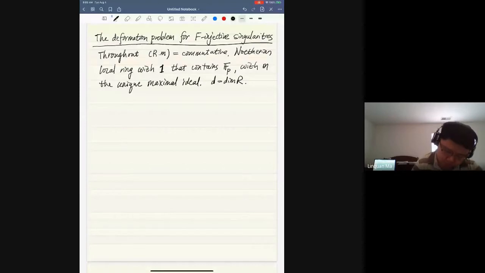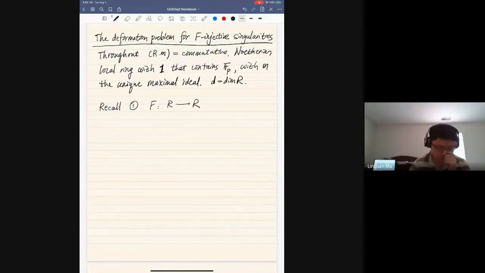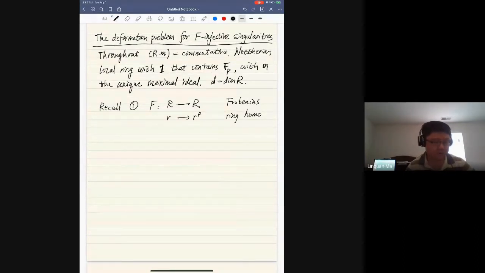Under this setup, we have the Frobenius map, sending little r to r to the p. What's important is that this is a ring homomorphism, both additive and multiplicative, which requires the ring to contain the finite field.